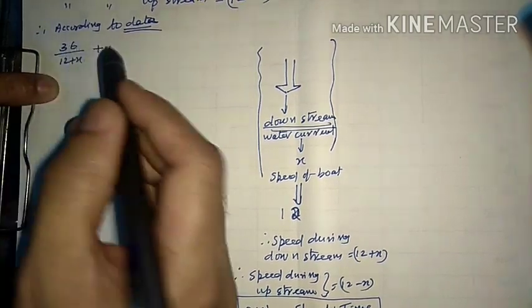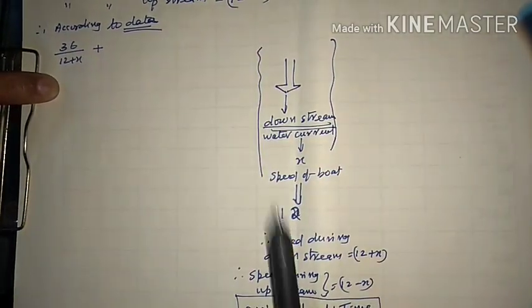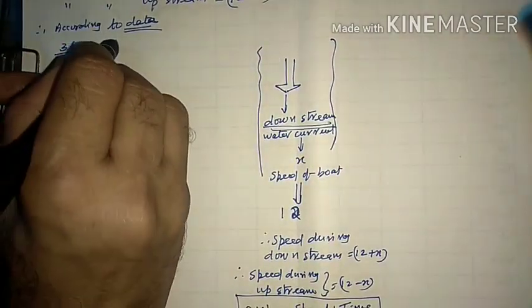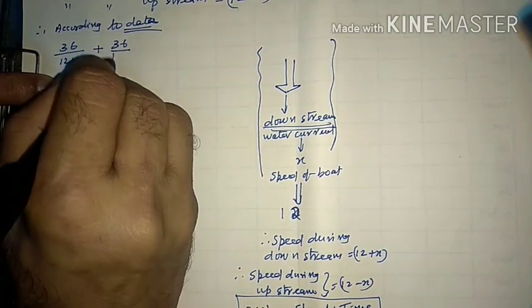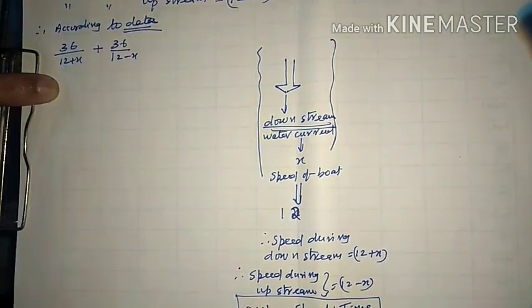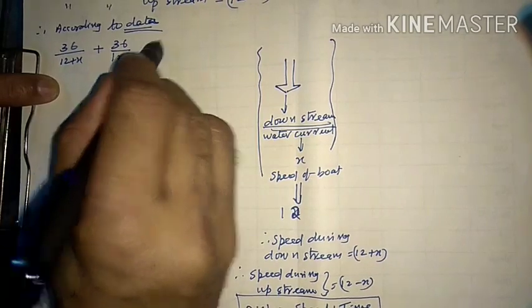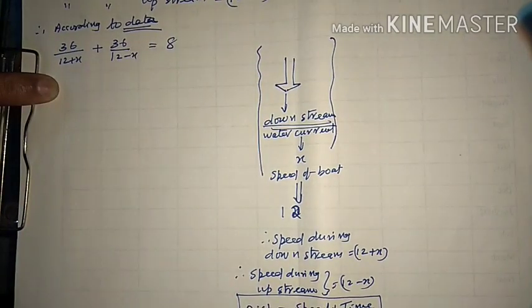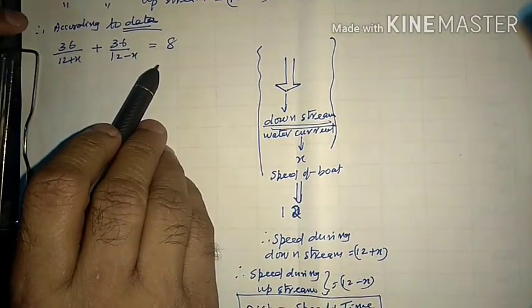Downstream time plus upstream time, as he is going back to the same spot, the same distance, 36 upon the corresponding speed 12 minus x. Total time is 8 hours.